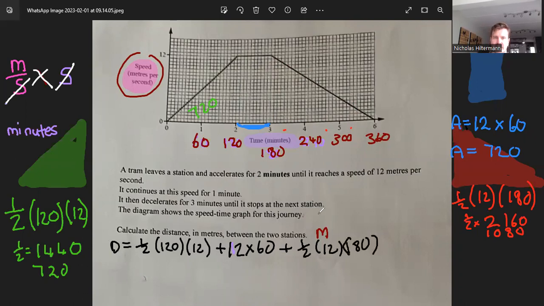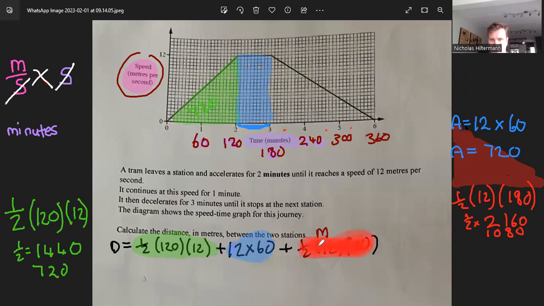Okay, so by adding these together, I get my distance. I'm just going to highlight what we did. This one was our green triangle, then we did our blue rectangle, which was that bit there. So we've done the first two, and then finally the red one, which was that one there.